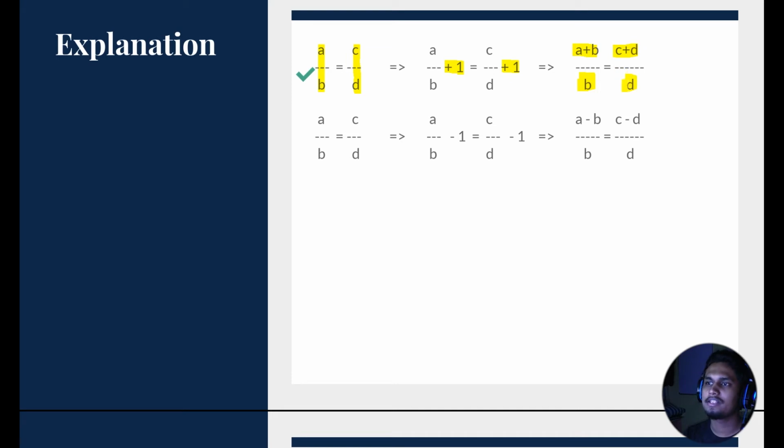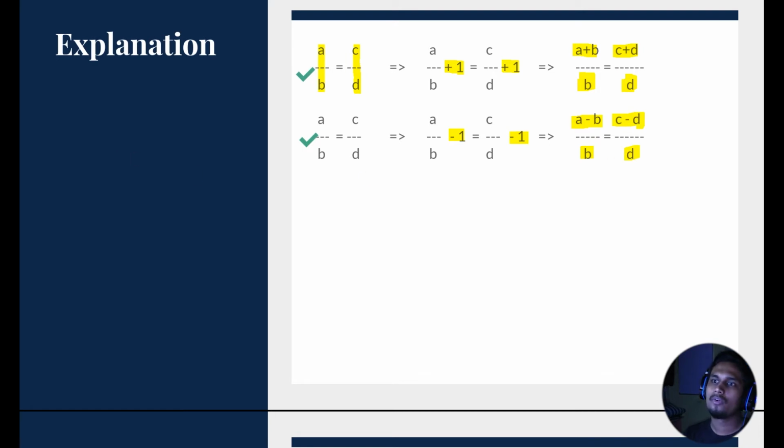This is very easy, right? We are just adding 1 to both the sides. And for the Dividendo rule, we are just subtracting 1 from both the sides, and we are getting a minus b by b and c minus d by d.